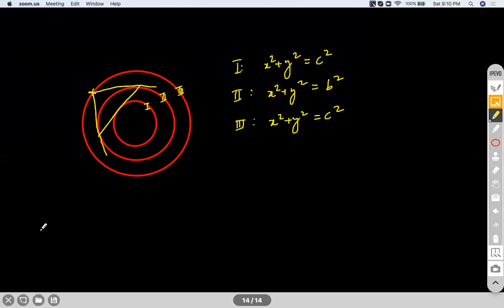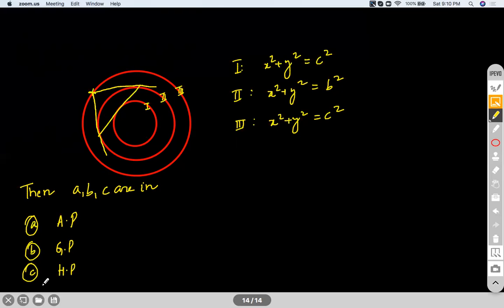So if the chord of contact drawn from a point on the outer circle to the mid circle touches the innermost circle, then A, B, C are in option A, arithmetic progression, option B, geometric progression, option C, harmonic progression, or option D, none of the above.